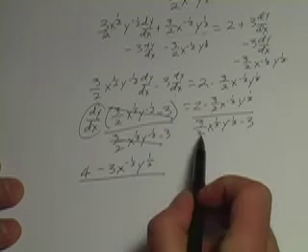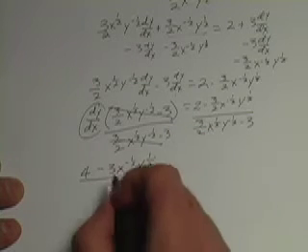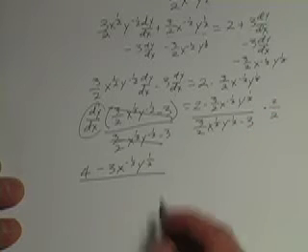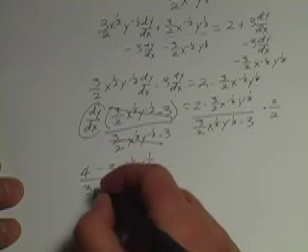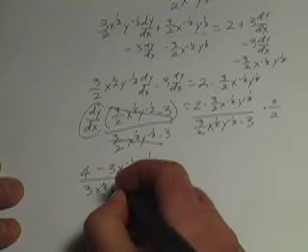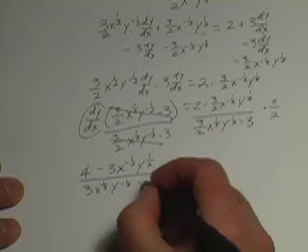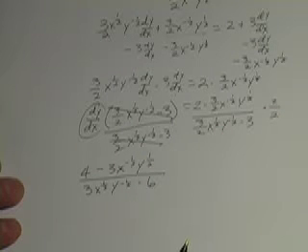And on the bottom, I'm going to do the same thing, multiply everything by 2. So really I'm multiplying by 2 over 2, which is multiplying by 1. So on the bottom I get 3 x to the 1/2, y to the negative 1/2, minus 3 times 2, which is 6.